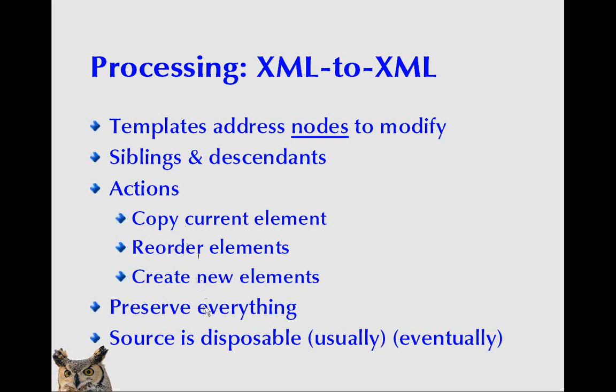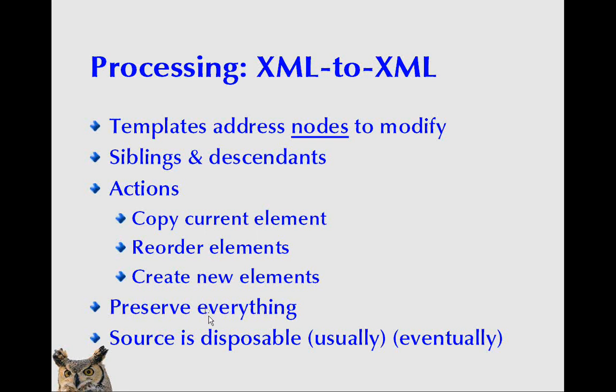And then one of the big keywords, often when you're doing XML to XML transform, you want to preserve everything because you've got a document that contains a whole bunch of information, and you want to be sure that the next person to take that document is going to still have all of that information available in your output document.